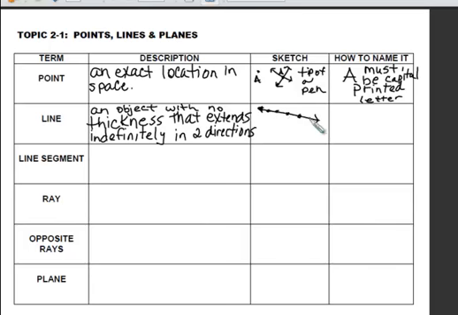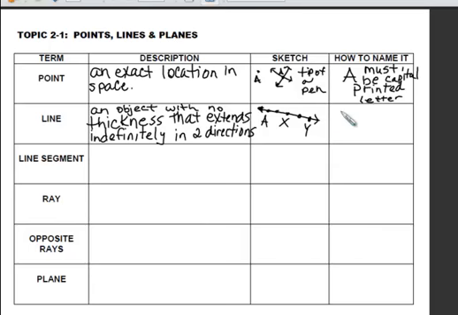Each of those points would be impossible to name, but if we put a point on a line, we name it. Points are named with capital letters. So if I name this one A, I could name this one X. I could name this one Y. Those are all capital printed letters.